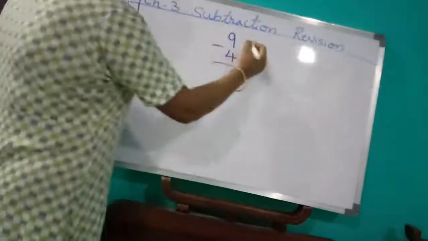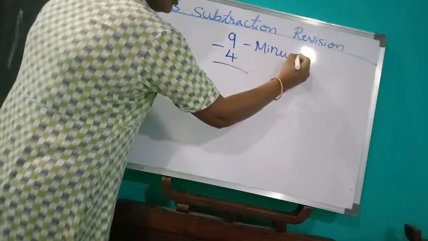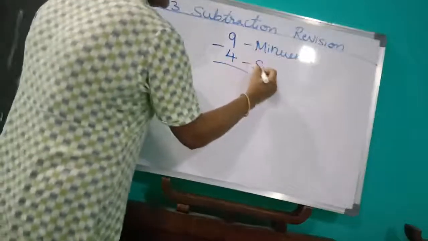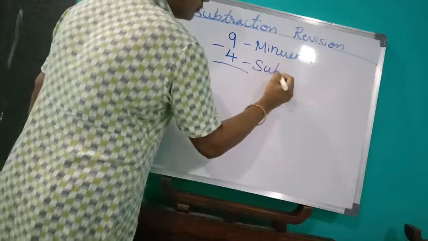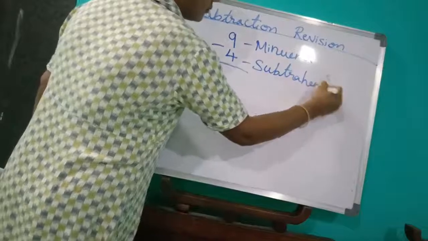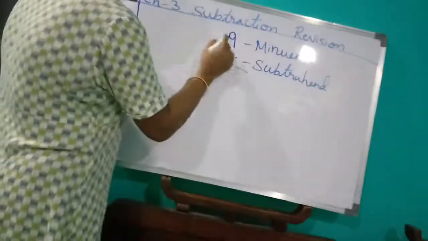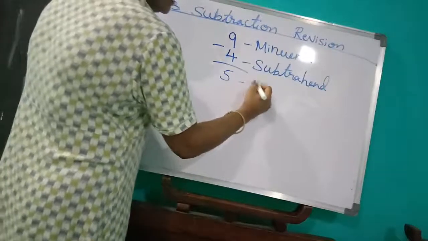Okay, this is minuend, this is subtrahend. The result is, see, 9 minus 4, result 5. This is called difference.